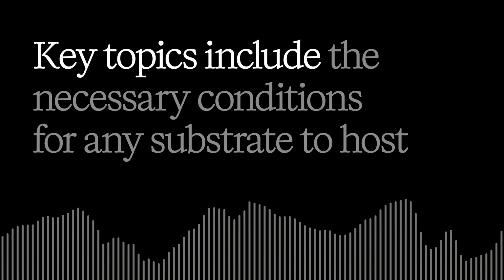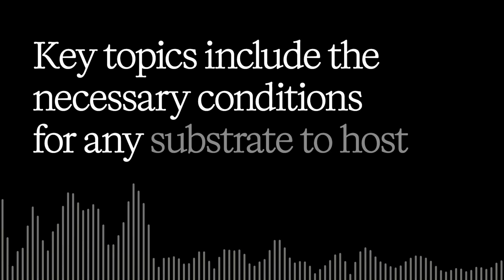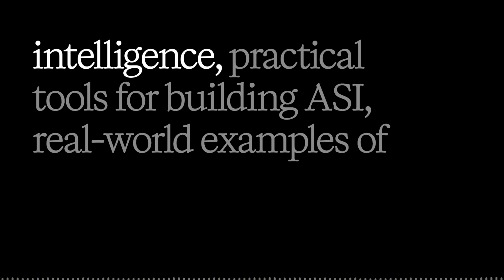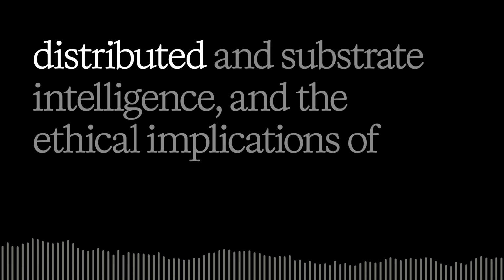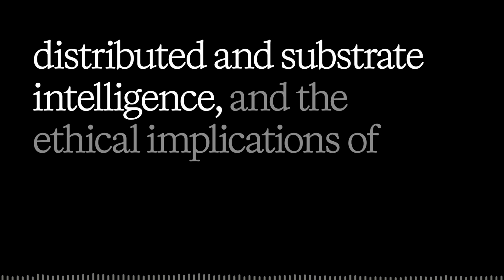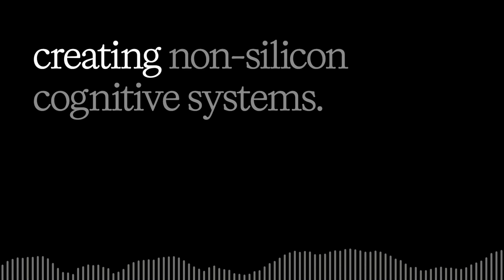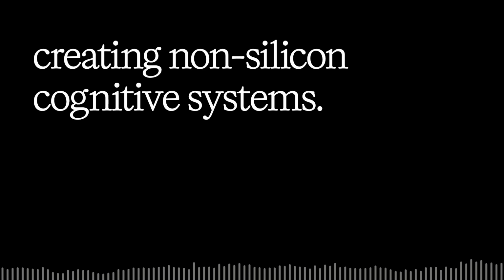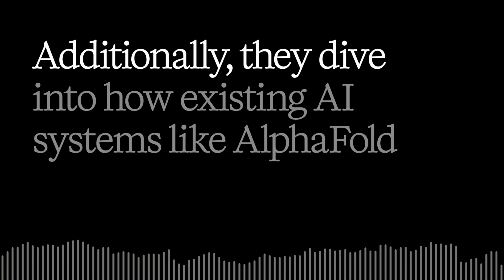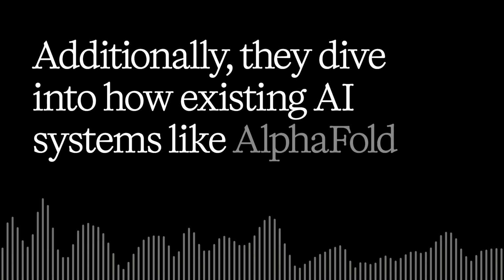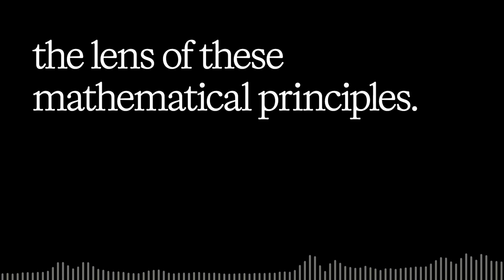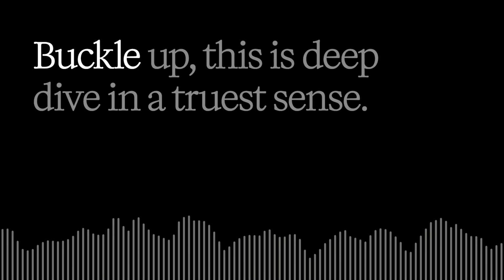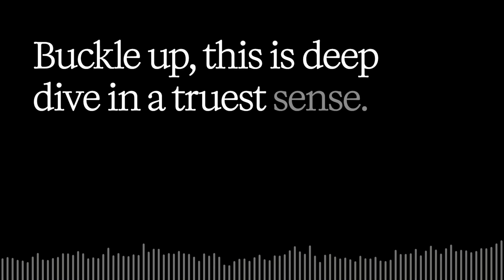Key topics include the necessary conditions for any substrate to host intelligence, practical tools for building ASI, real-world examples of distributed and substrate intelligence, and the ethical implications of creating non-silicon cognitive systems. Additionally, they dive into how existing AI systems like AlphaFold and large language models operate through the lens of these mathematical principles. Buckle up. This is Deep Dive in a truest sense.